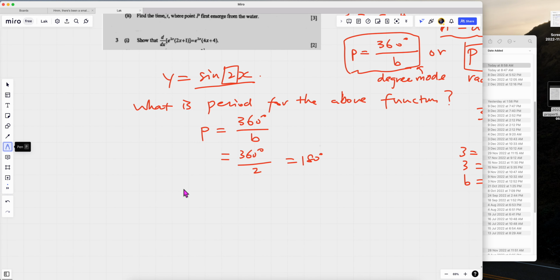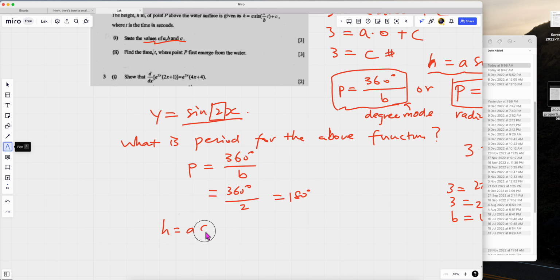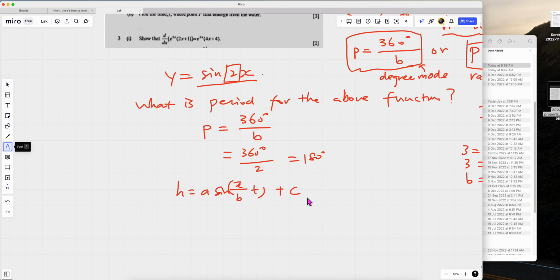I mean solve for A. So the function is what? The function is h equals a sine of pi b t plus c. You have the value of c, right? And b also. So maybe you don't need the... I don't know. So let's see. This is what? 3, right?